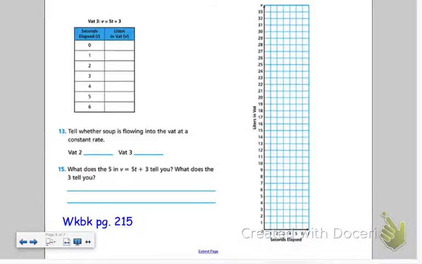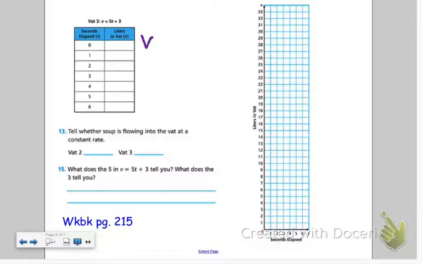Now let's take a look at vat 3. This is on page 215, so I'm skipping around a little bit. I'll let you do vat 2 on your own. Vat 3 is V equals 5 times t plus 3. So let's see. If I were to fill in my table, I'm going to use my equation to help me.